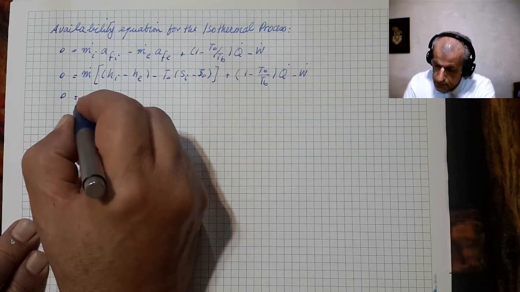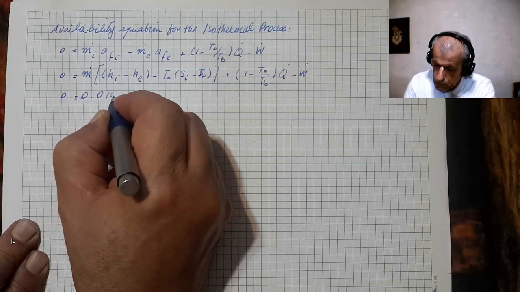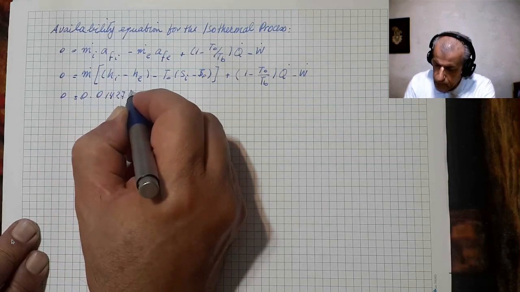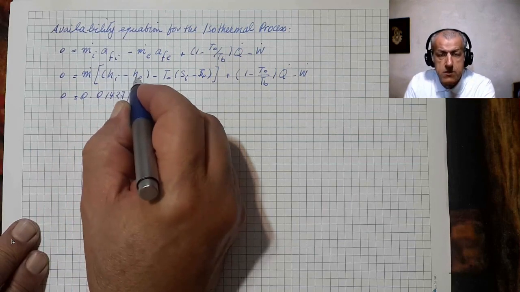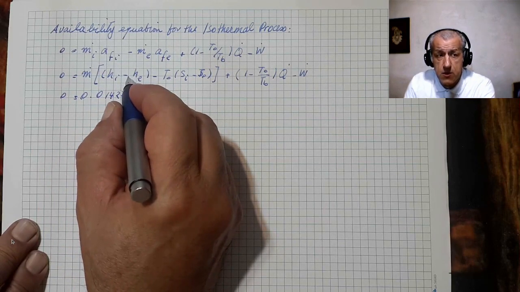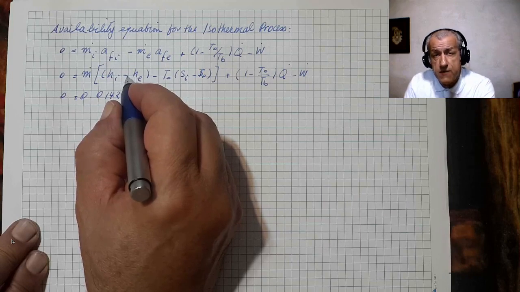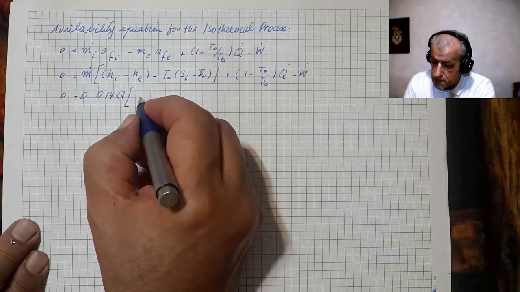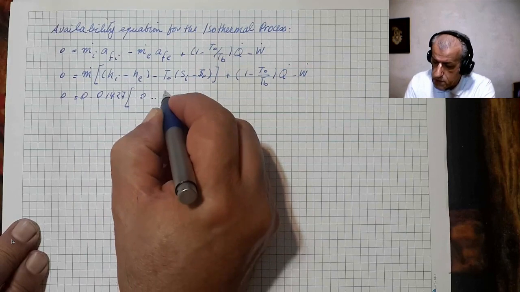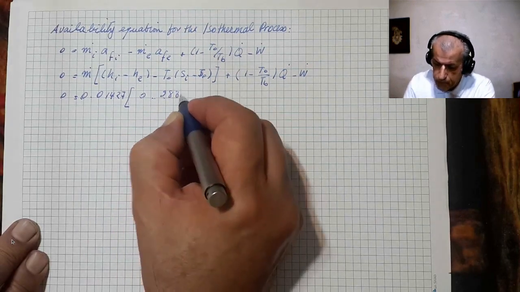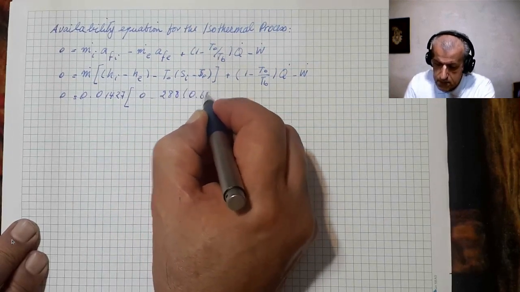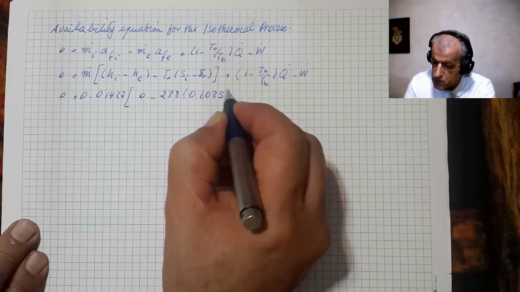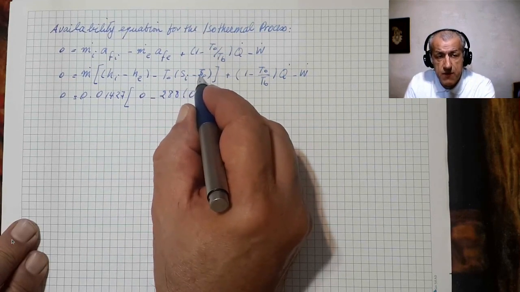0 equals 0.01427 times, of course, for an isothermal process, delta H is 0 because H is a function of temperature, and since temperature is constant, therefore enthalpy is constant. So this would be 0 minus 288 times 0.6085, which is the change of entropy for the isothermal process.